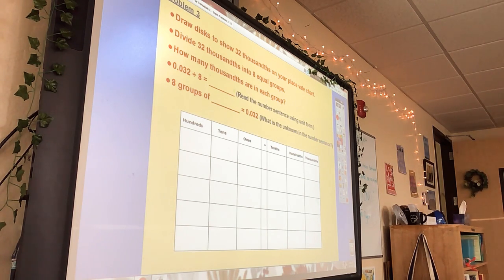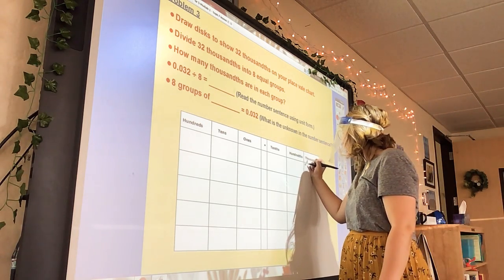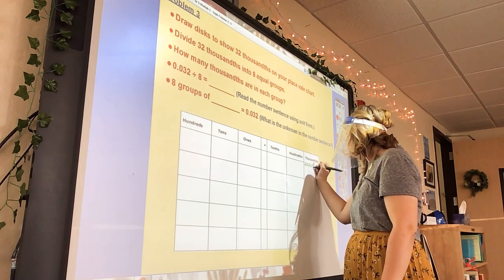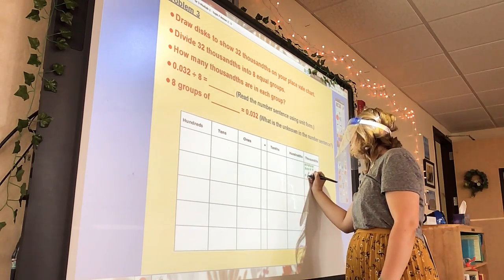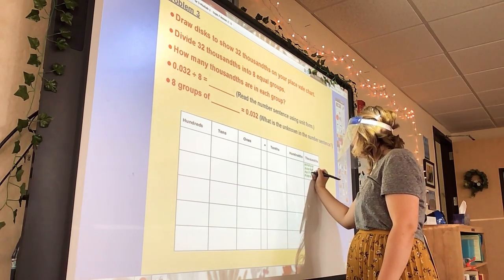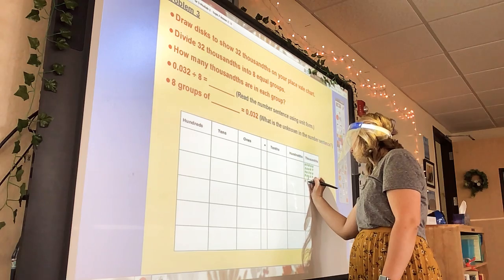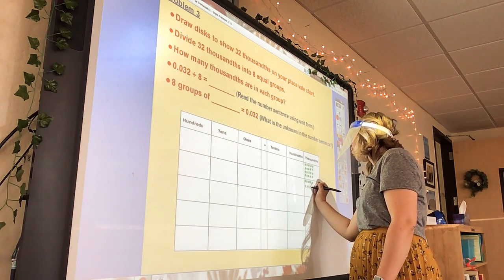Let's divide 32,000 into 8 equal groups. So you shouldn't have any left, but you should have 4 groups of 8.